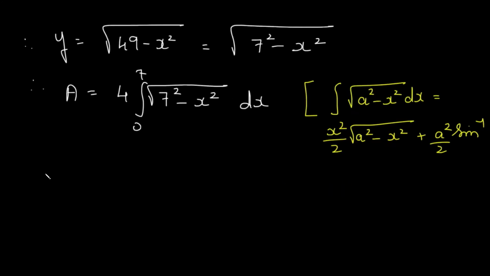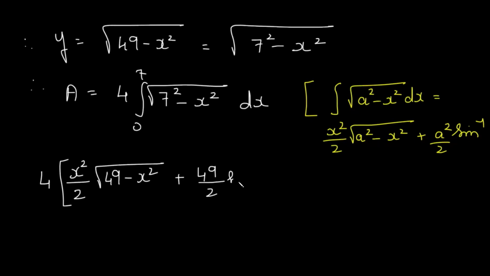So we get 4 times x upon 2 root of a square minus x square, that is 49 minus x square, plus a square upon 2, again a is 7, so 49 upon 2 sine inverse x upon a, from 0 to 7.